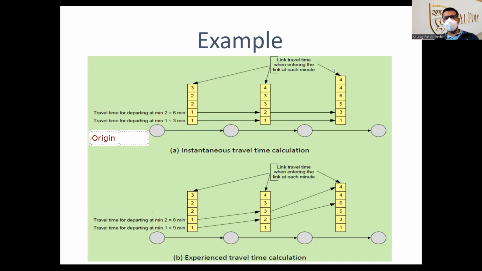Then I have another one here, which is my destination. And then you have two intermediate nodes; think of those as decision points.